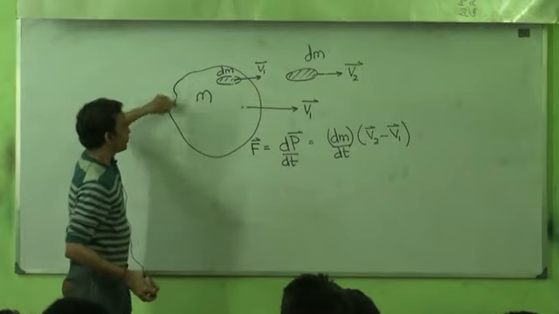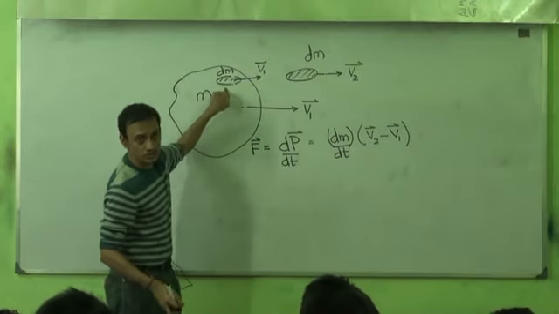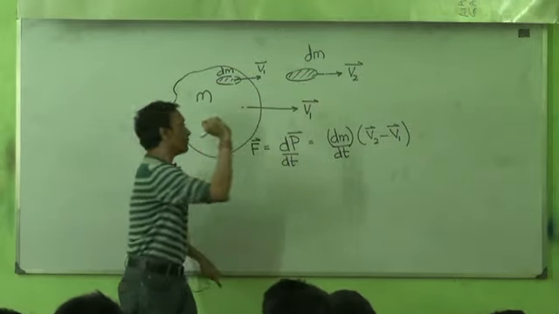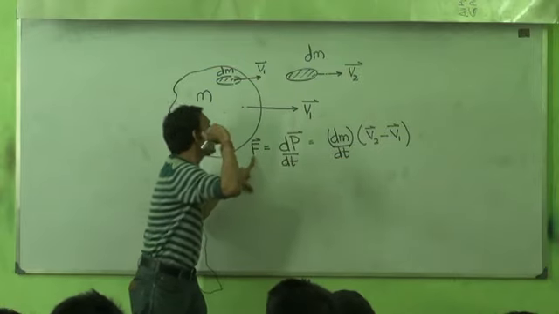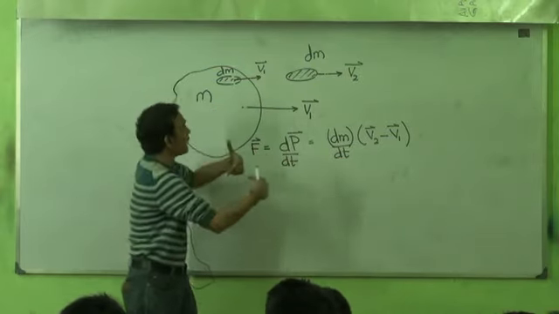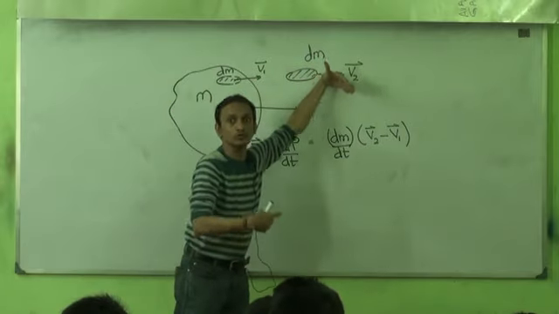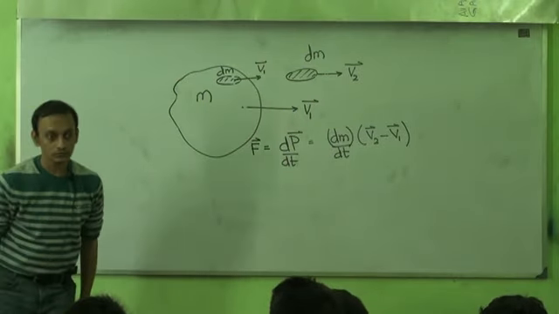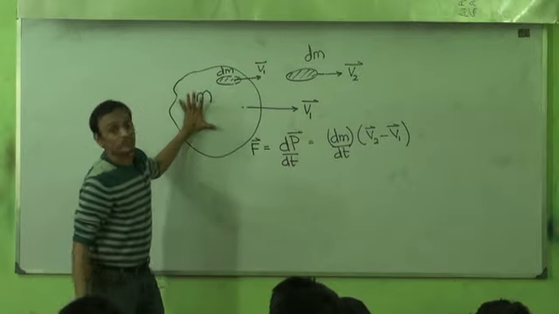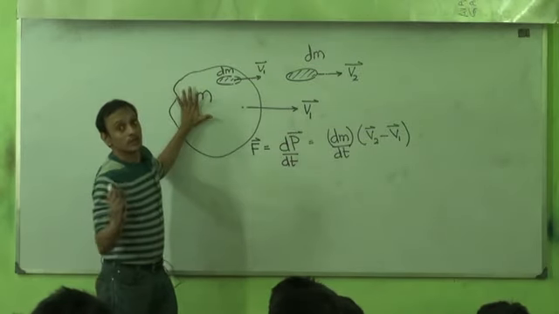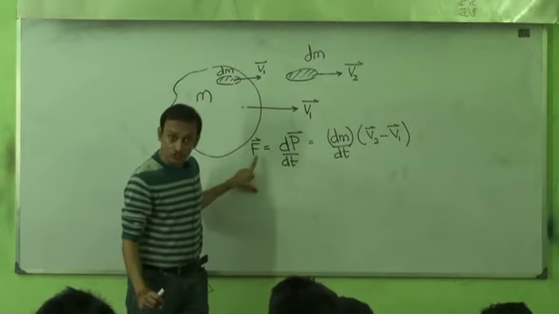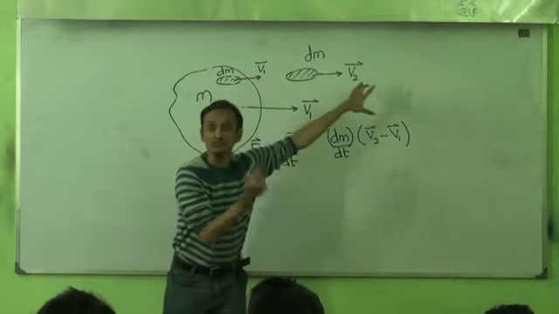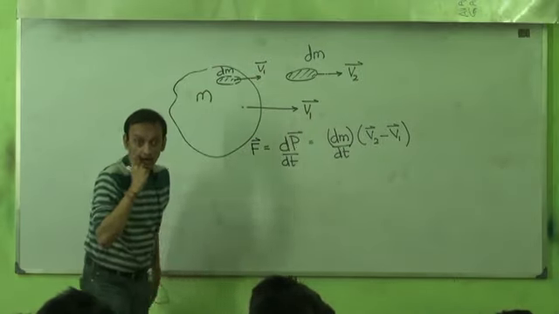Well, the system of which dm was originally a part, to expel this mass out of it, applied a force F so that its velocity could change from v1 to v2 and the expulsion could take place. So the main system exerted on dm this amount of force for expulsion of this mass with a velocity v2. Are you there with me on this?